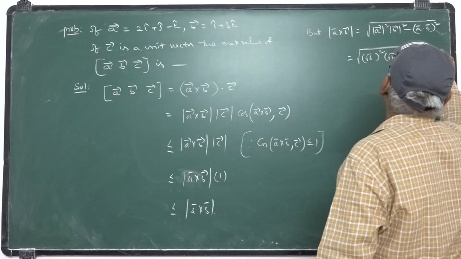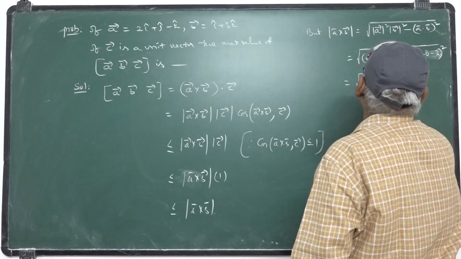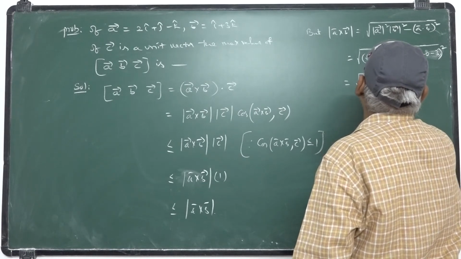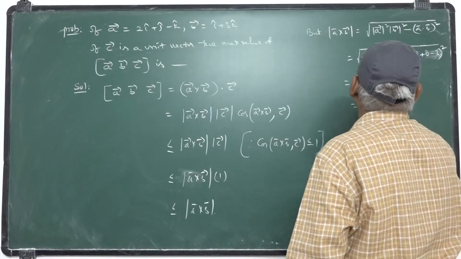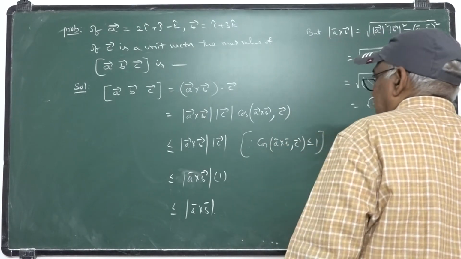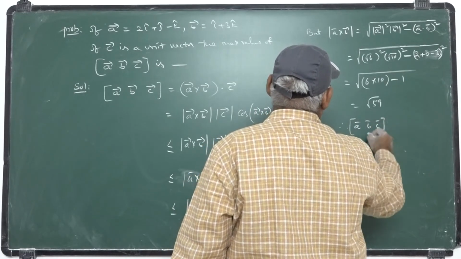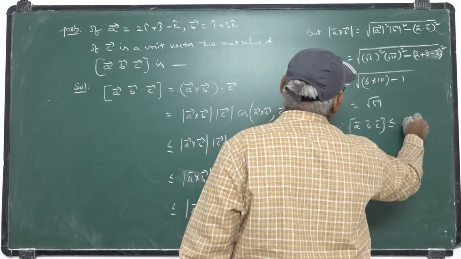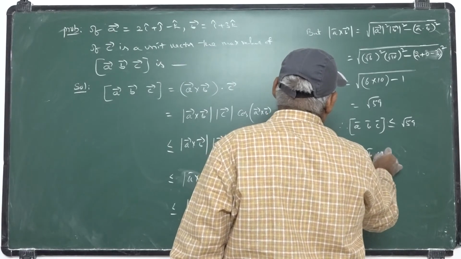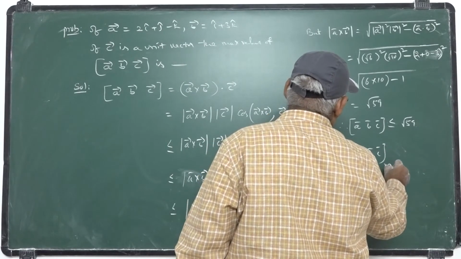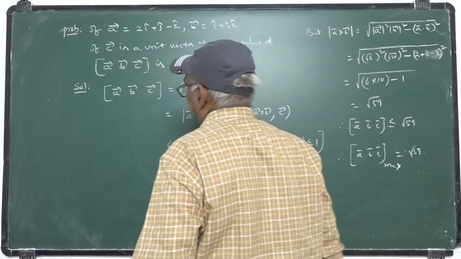Multiplying the k terms, we get minus 3. Square. So 6 into 10 minus 1, root 59. Hence, box A bar, B bar, C bar is less than or equal to root 59. So the maximum value is root 59.